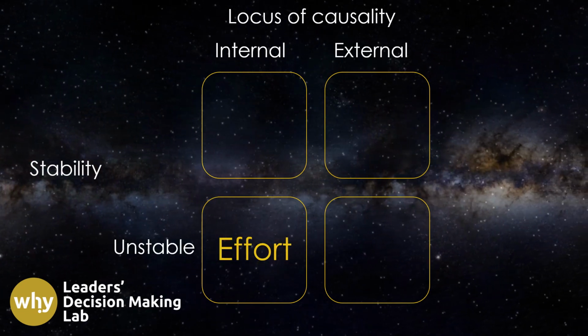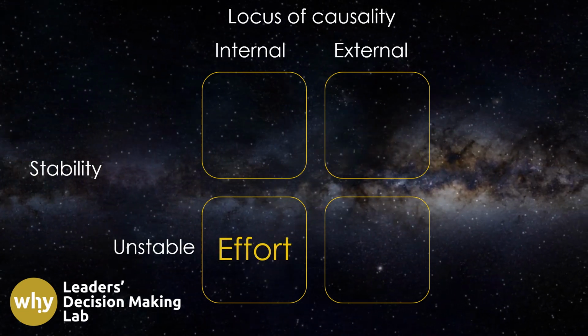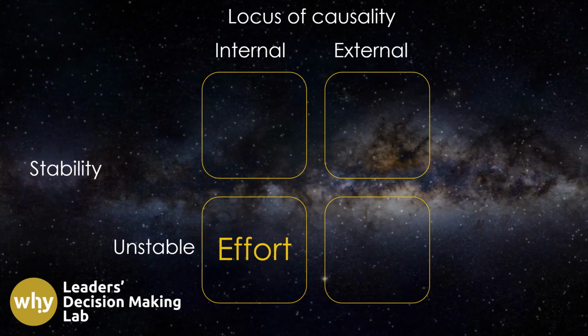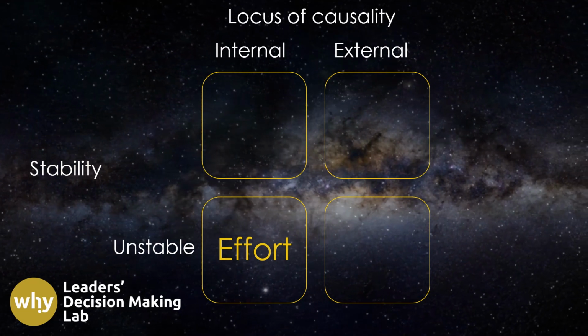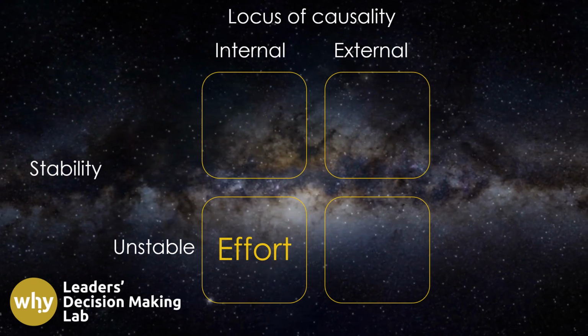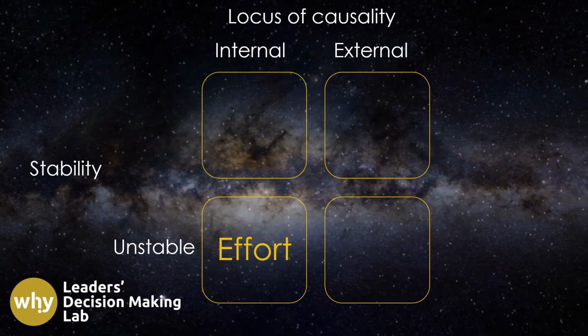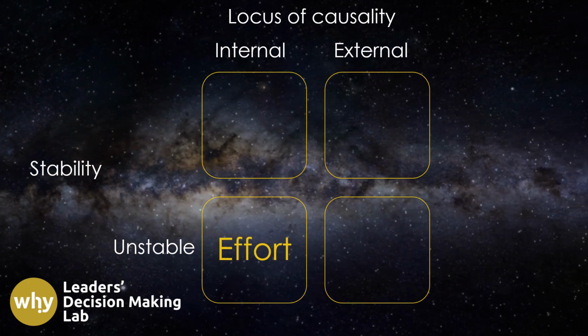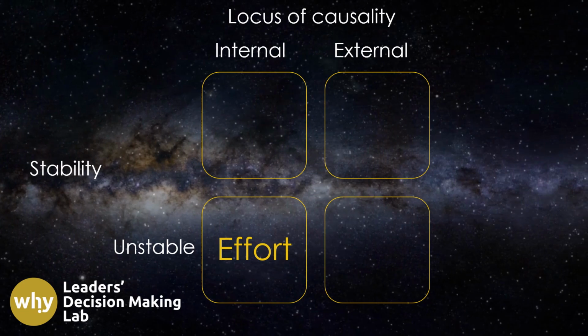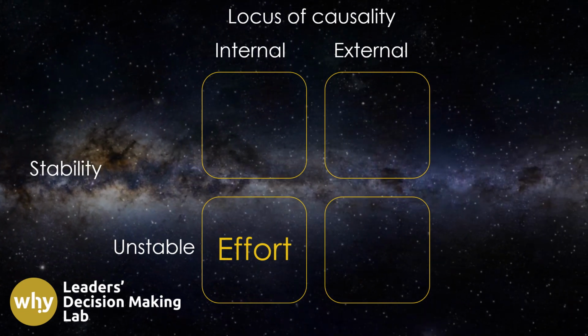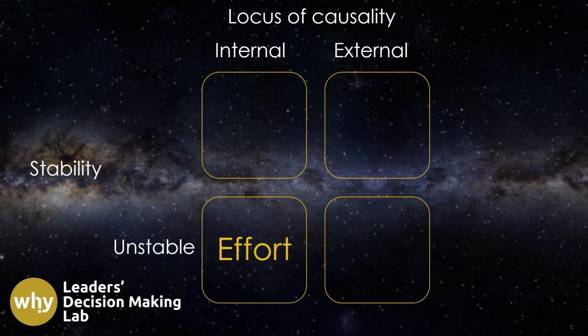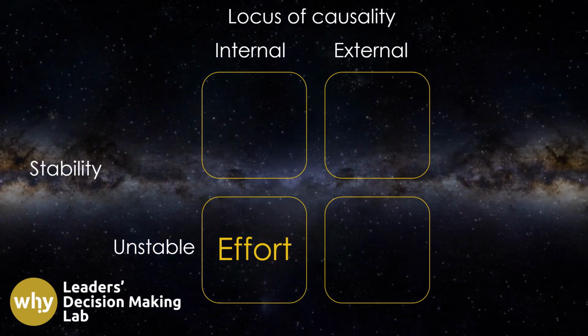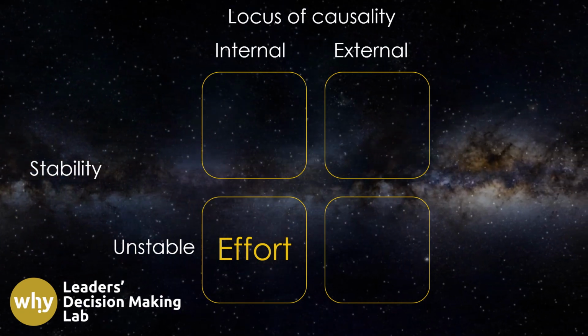Second, effort is an internal and unstable explanation that emphasizes the employee's exerted effort as the cause of their performance. If an employee shows significant improvement in a task due to increased dedication and hard work, the leader may attribute their success to the effort they invested.